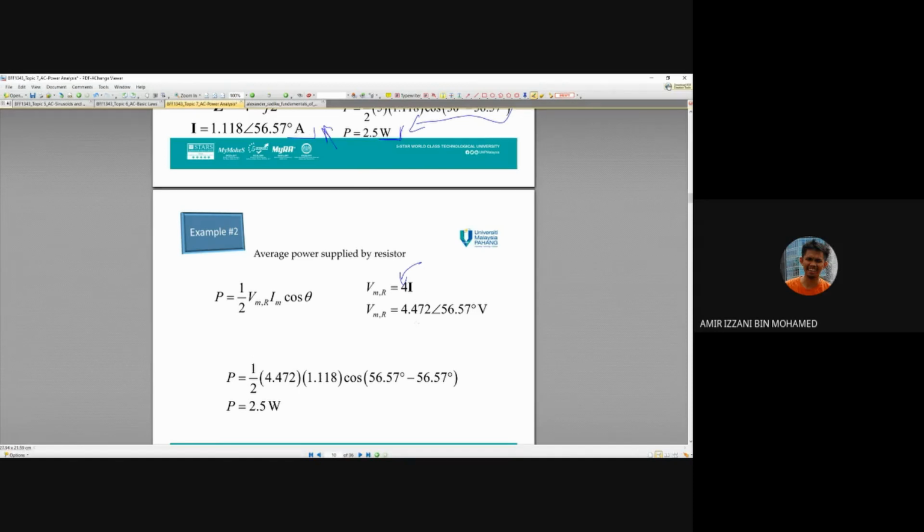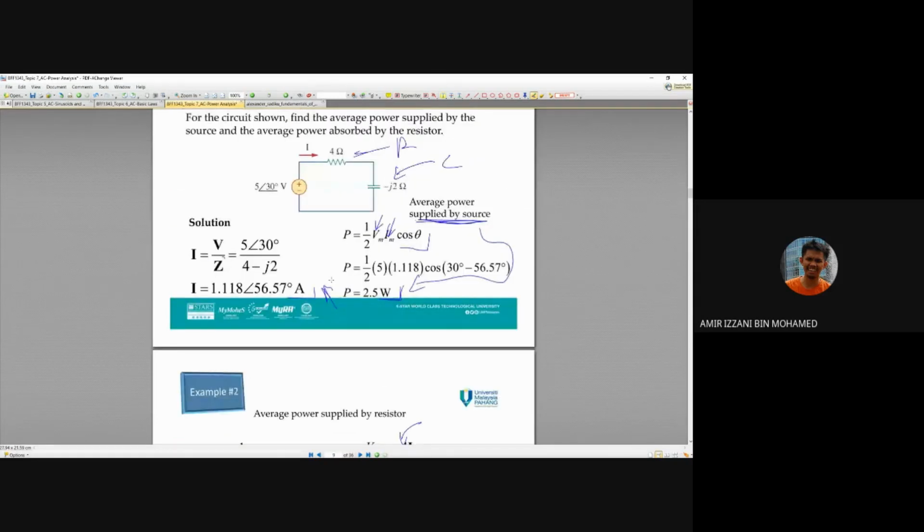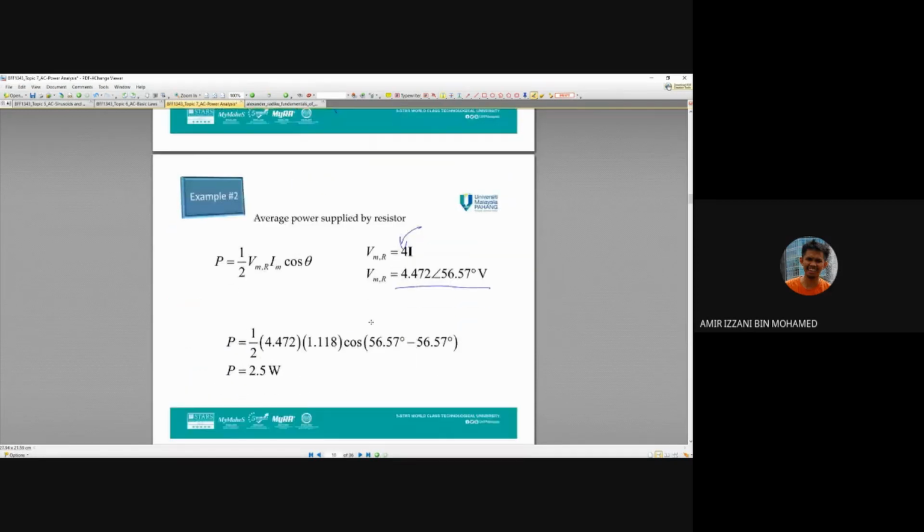So just multiply it and we get the voltage at the resistor, then use the average power equation to determine the power absorbed by the resistor.